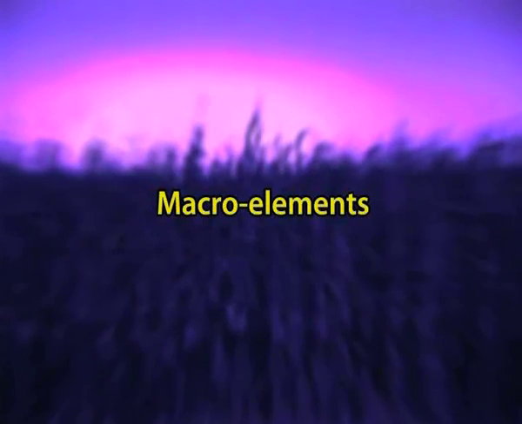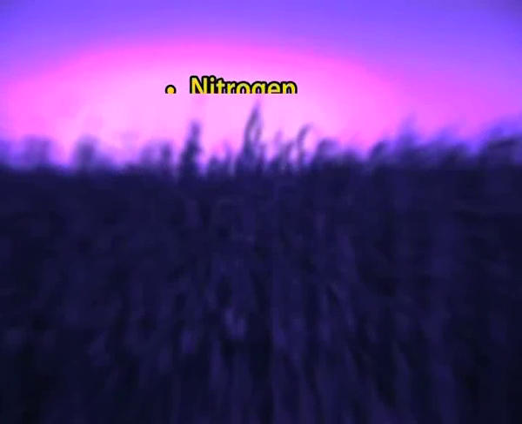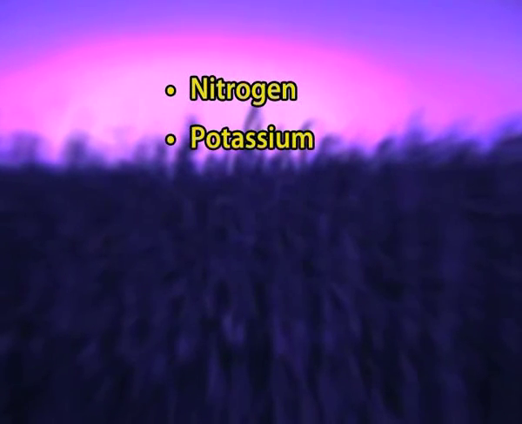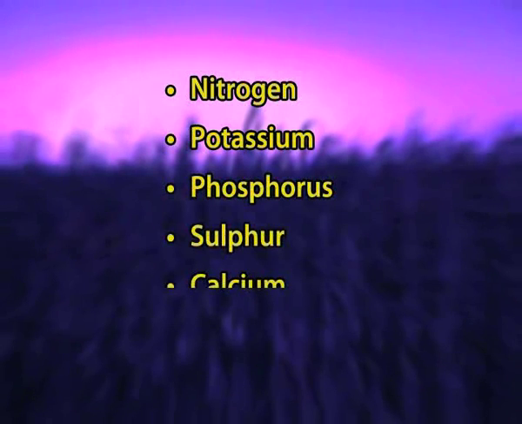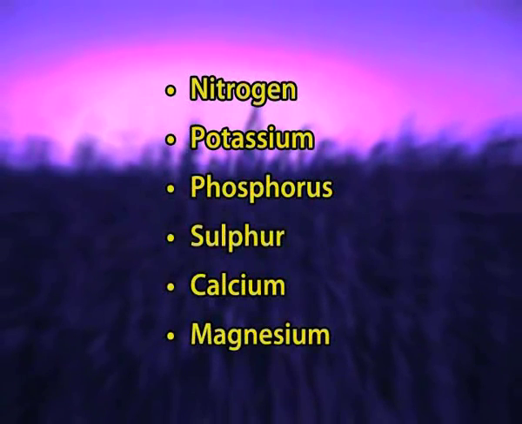The tissue culture medium is composed of following components: macroelements. Macroelements are those substances that are used in large quantities. They include nitrogen, potassium, phosphorus, sulfur, calcium, and magnesium.